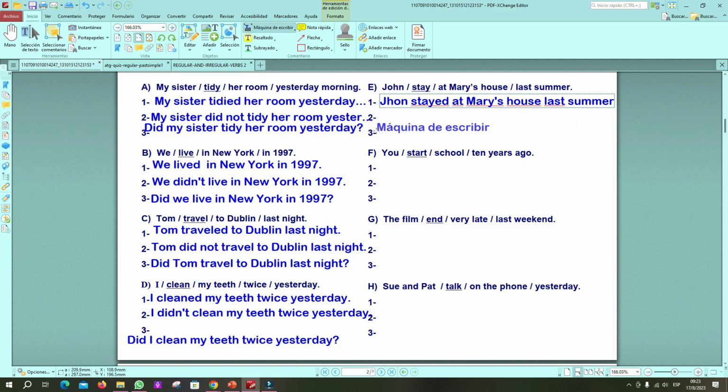What about the negative one? John did not stay at Mary's house last summer. The interrogative, Leslie.